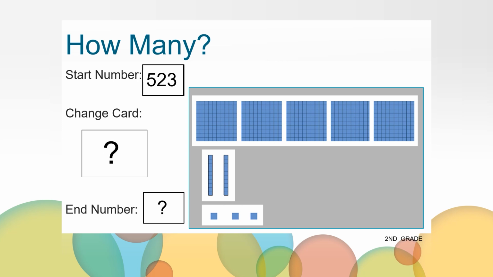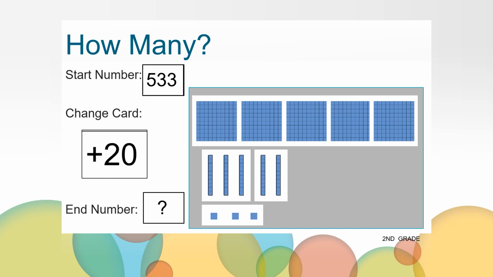Now we start with 523, and we're going to add 10 again. What will be our end number? We end at 533. Are you noticing what is staying the same and what is changing? 533 plus 20 leaves us with an end number of 553.